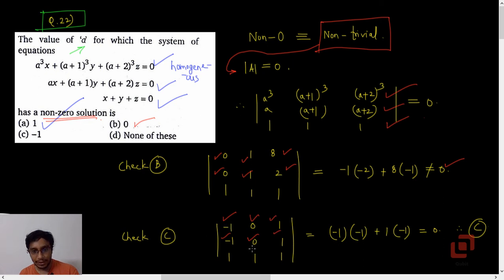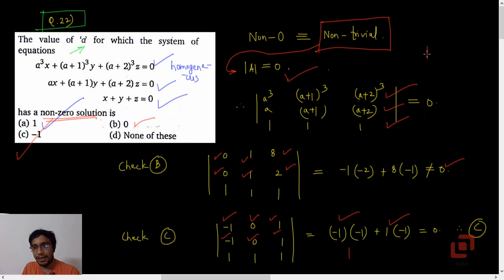So minus 1 into minus 1, so plus 1, 0, so don't consider that. 1 into minus 1... so it is 0, so it is C. Now it is not very difficult to arrive at this conclusion that for existence of non-trivial solutions, the determinant of A should be equal to 0.